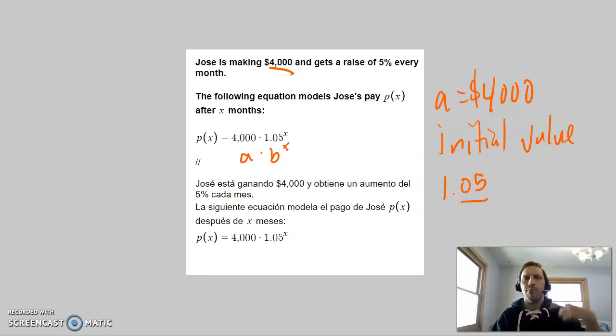It's 0.05 more than his original salary. And so that is our growth rate or common ratio. We've been using these same things every single day. And so that's what A means. His initial value is $4,000. B means his growth rate is 1.05.